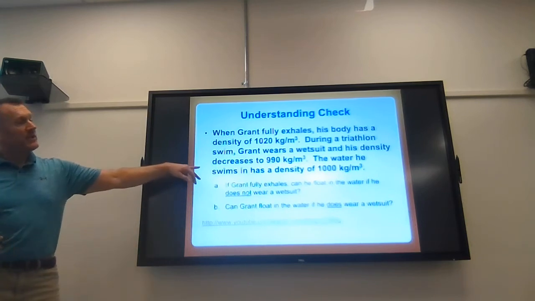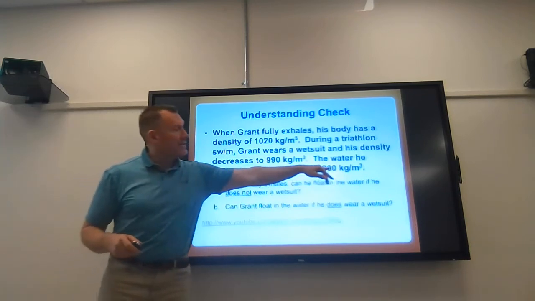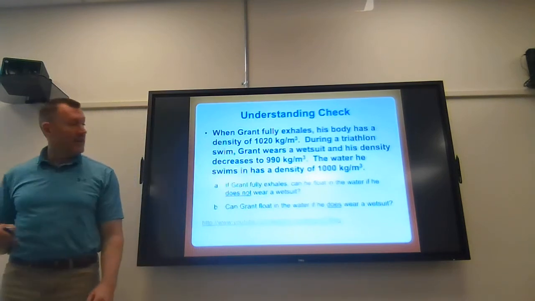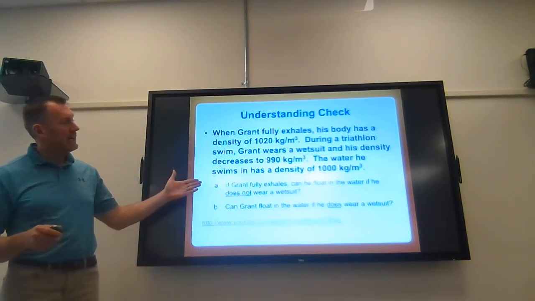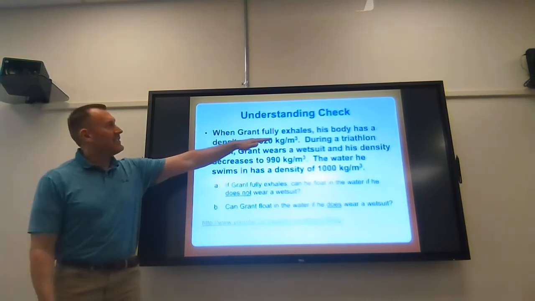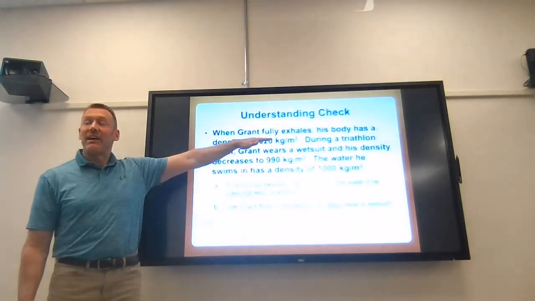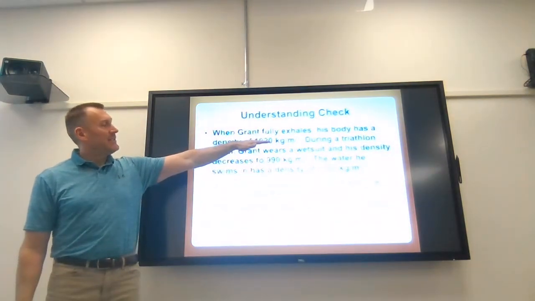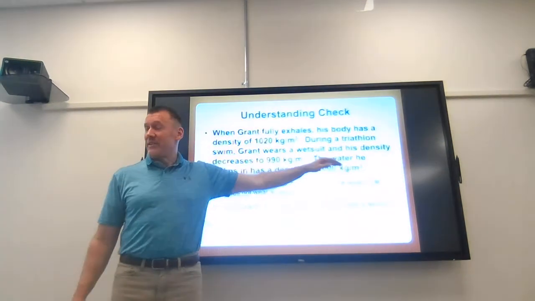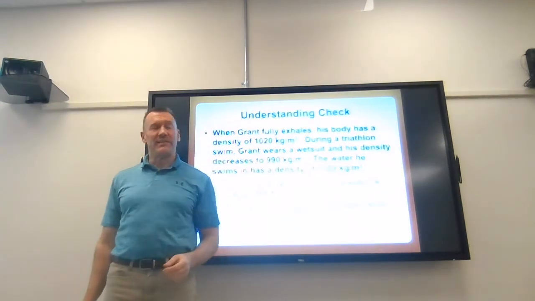So the water he swims in has a density of 1,000 kilograms per meter cubed. The first question: if Grant fully exhales, can he float in the water if he does not wear a wetsuit? This is his density without a wetsuit, blowing out all the air in his lungs. This density is greater than the density of water, so what's going to happen? It's going to sink.